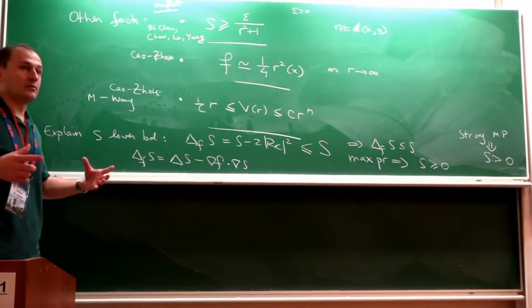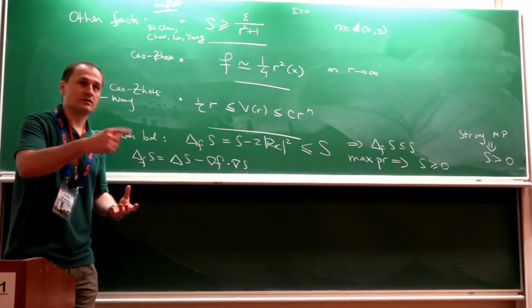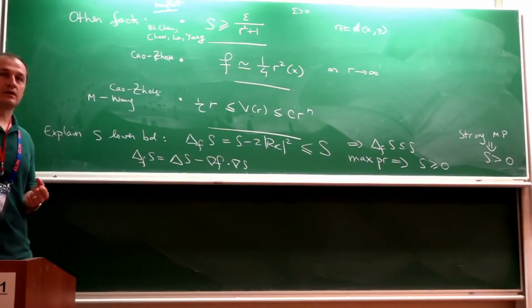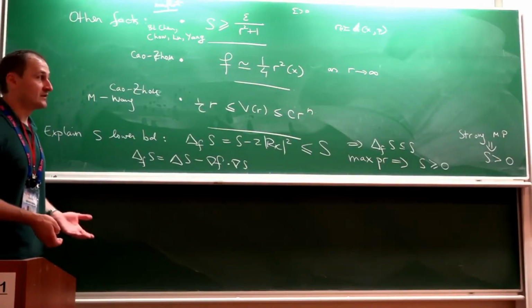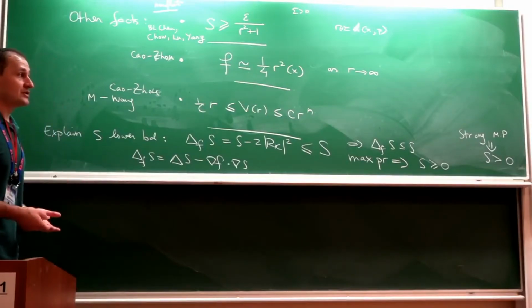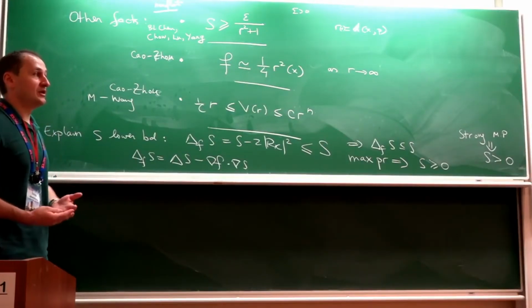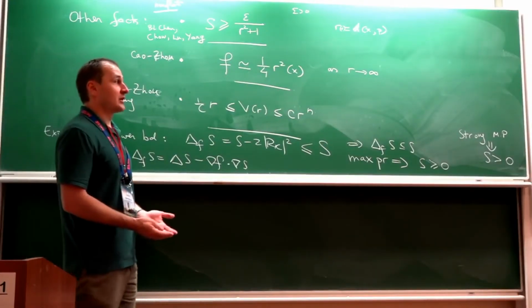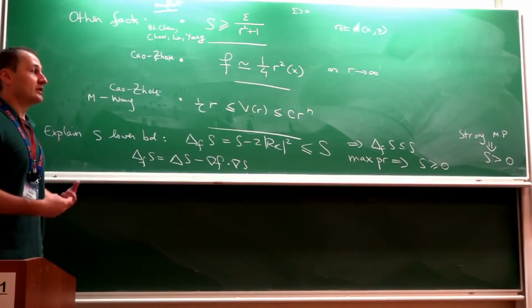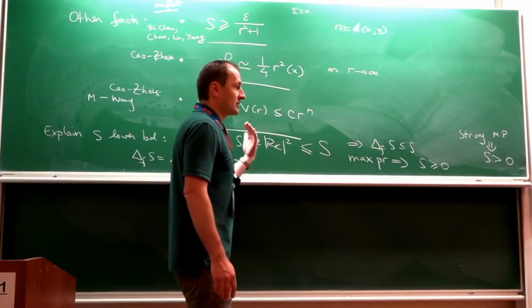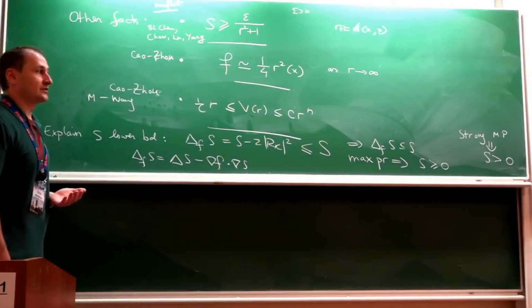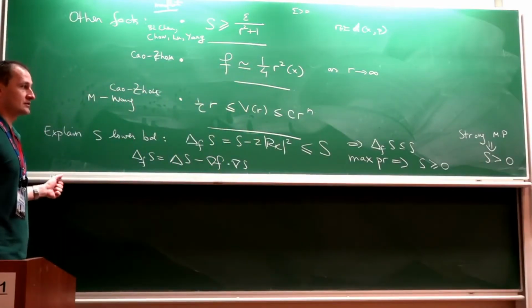You need to control the Laplacian of the distance function, because the cutoff depends on distance. Just like when Ricci is bounded below, you can control the Laplacian of the distance, you can do it when Ricci plus Hessian is bounded below. So that's how it works.